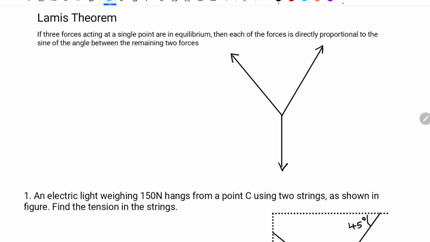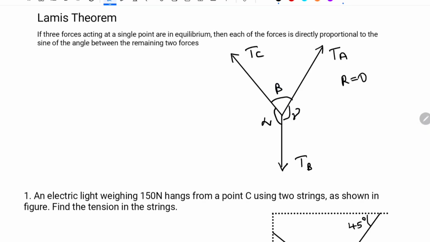So we have three forces and we know that the system is under equilibrium condition, which means that the resultant is equal to 0. So let us say we have TA, TB, TC and the inclinations are alpha, beta and gamma.